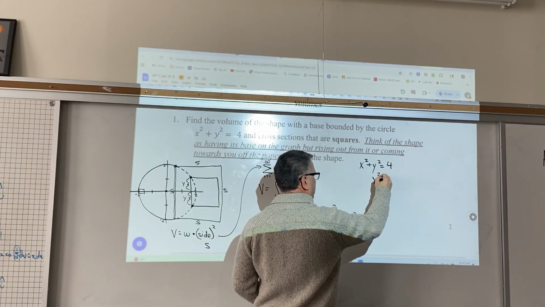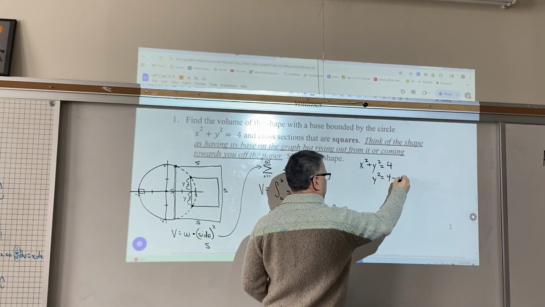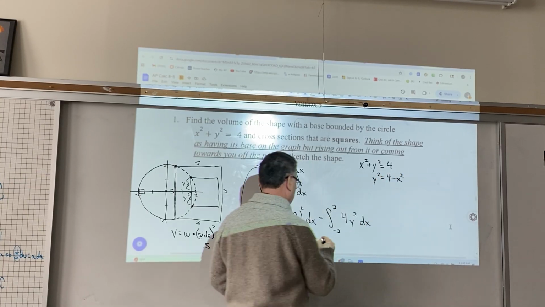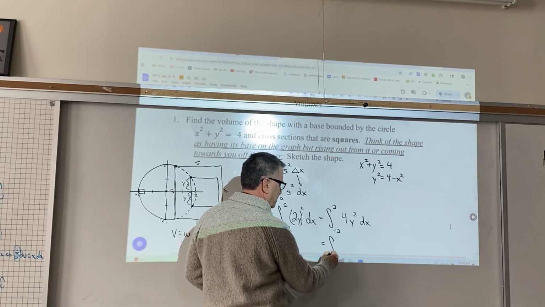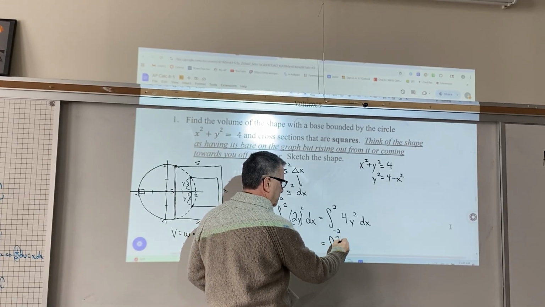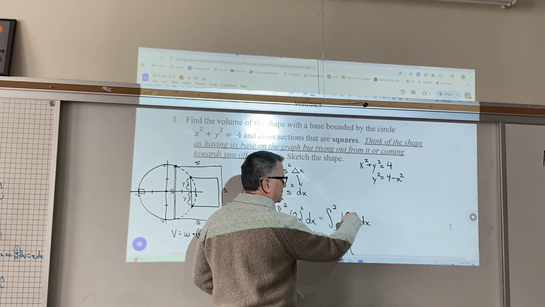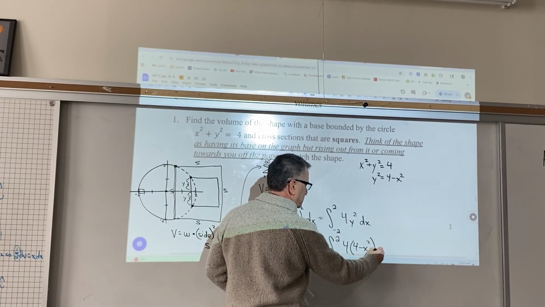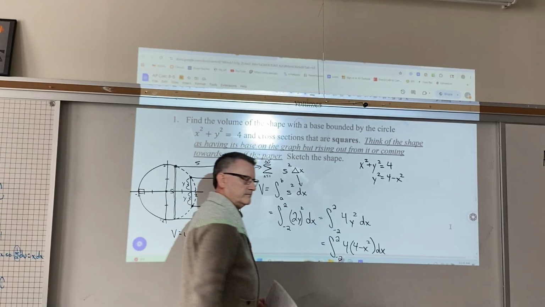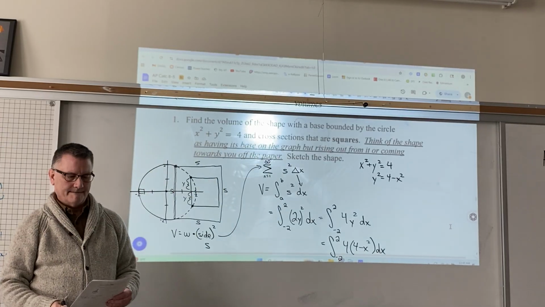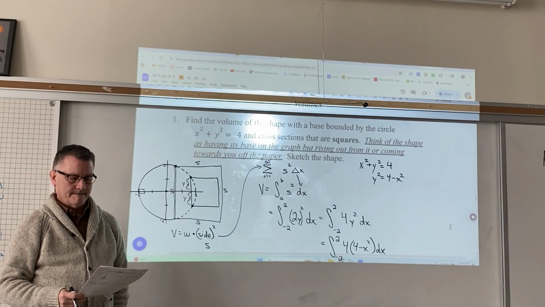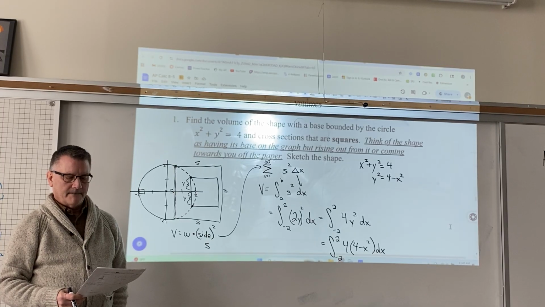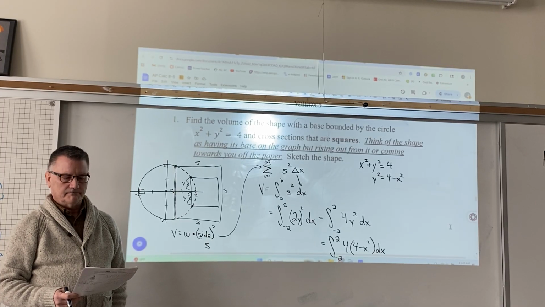So y squared is 4 minus x squared. Now why don't I just put that in here? Integral from -2 to 2 of 4 times (4 minus x squared) dx. Now it's in terms of x.